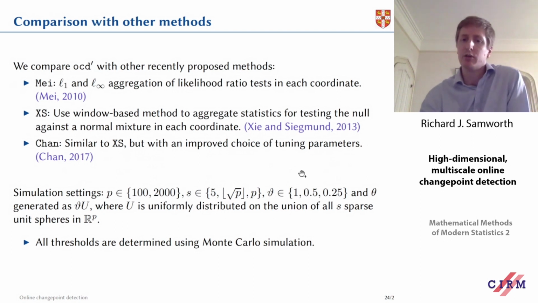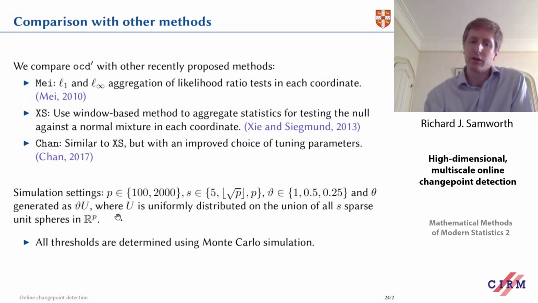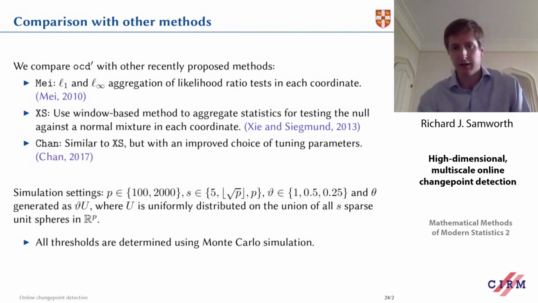Var theta is 1, 0.5, and 0.25. Theta equal to 1 corresponds to correct specification. And here we're going to generate our alternative as var theta times u, where u is uniformly distributed on the union of all S-sparse unit spheres in R to the p. In other words, you just choose your S coordinates where you're going to have a change uniformly at random.